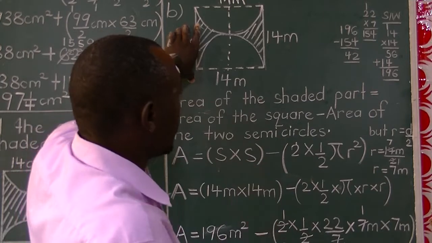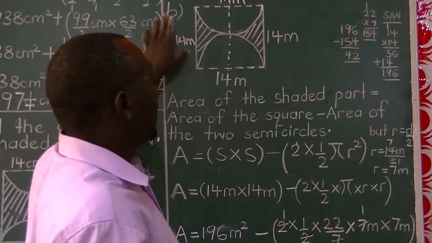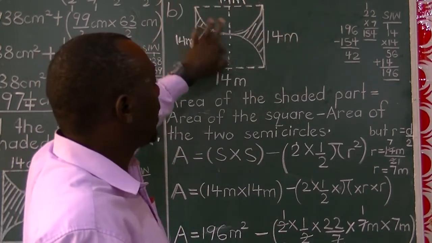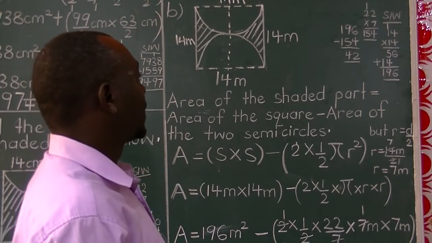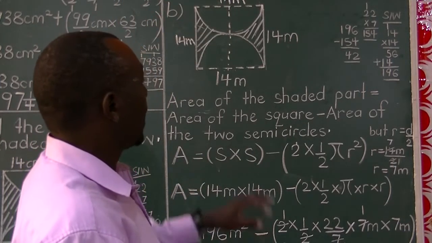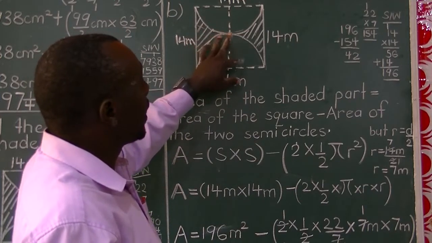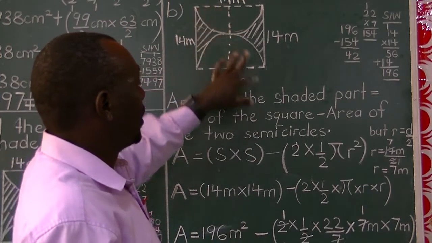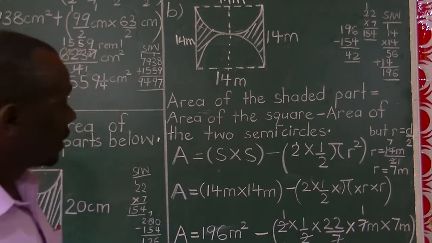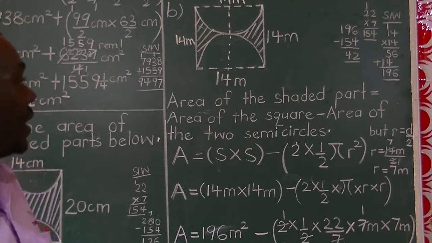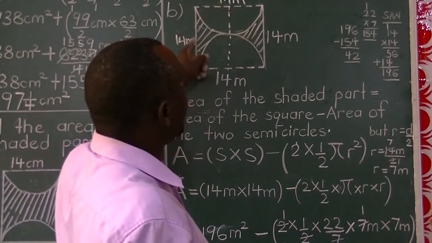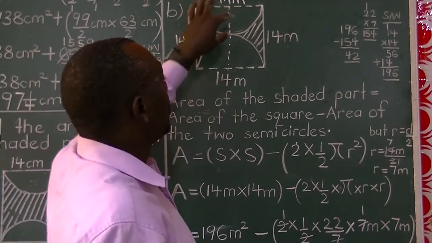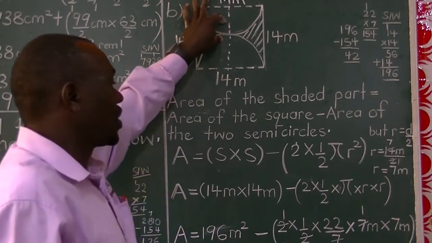So therefore, a square is the biggest shape here, and two semicircular shapes are inbuilt. So the area of the shaded part, like we did in part A, is to be got by subtraction. So we say area of the shaded part equals area of the square minus area of the two semicircles.